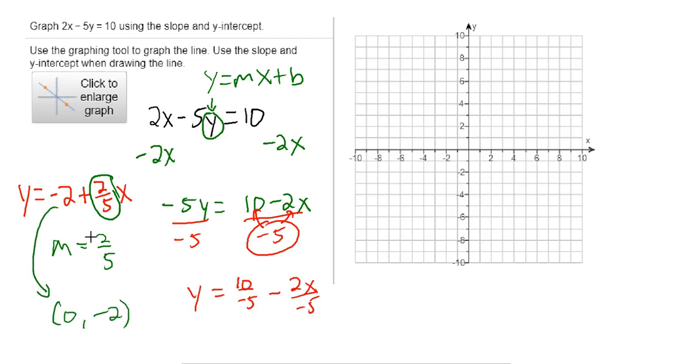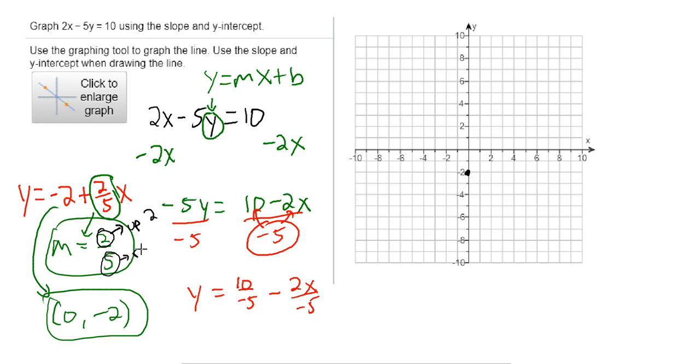Right? So the y-intercept is this. All right, so we have the slope, we have a point, so we have a starting point, right? We have 0, -2. It's this point right here. And then from there, the slope tells me a set of directions to find another point. The top number is +2, so I will go up 2.